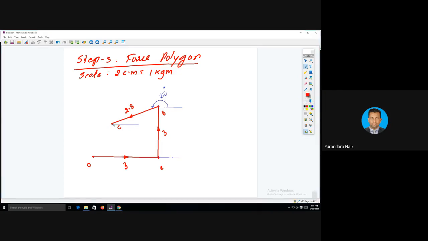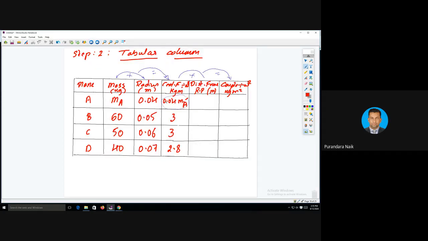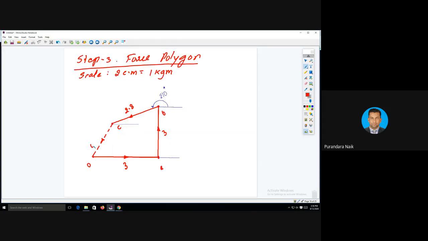with a dotted line, because it is the unknown mass. Now the direction is like this. This is what the dotted line indicates. It is the unknown mass, 0.04 MA.